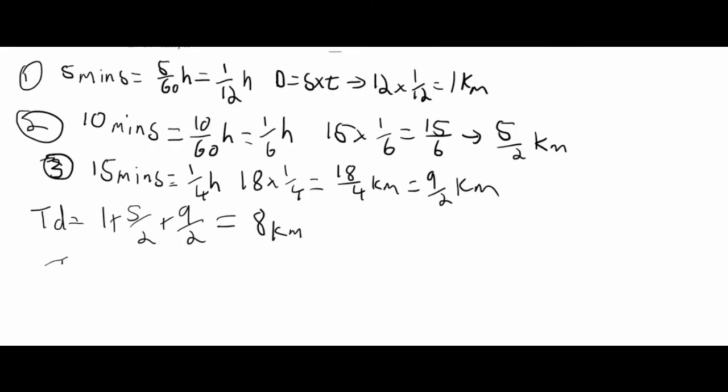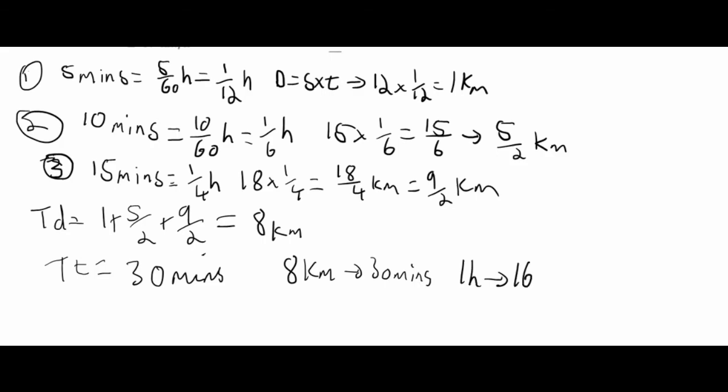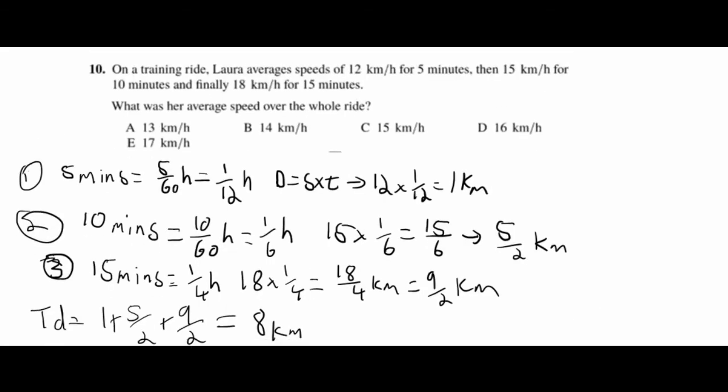The total time she took to travel 8 kilometers is 5 plus 10 plus 15, which gives you 30 minutes. So if 8 kilometers took her 30 minutes, then clearly 1 hour, which is 60 minutes, would take her 16 kilometers. And so she must travel 16 kilometers an hour, and this corresponds to D.